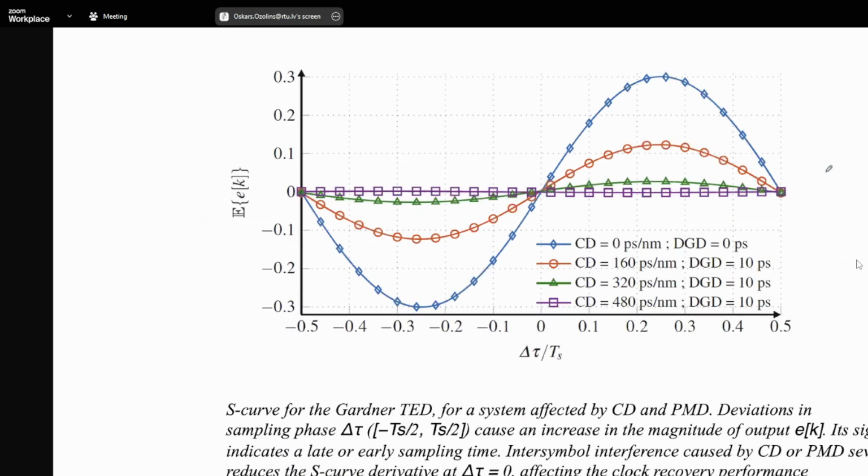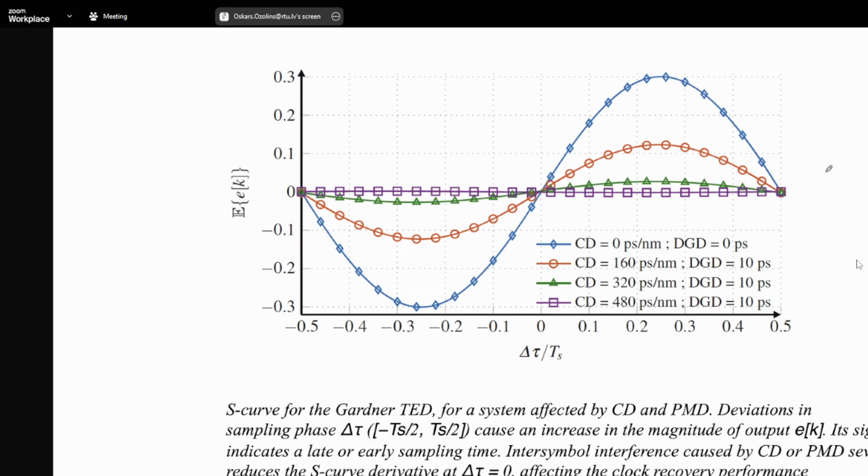Okay, so here's an example from Gardner, timing recovery, and these timing recoveries are affected by other parameters as well. Here is just an example when you have chromatic dispersion and differential group delay, so PMD is there.